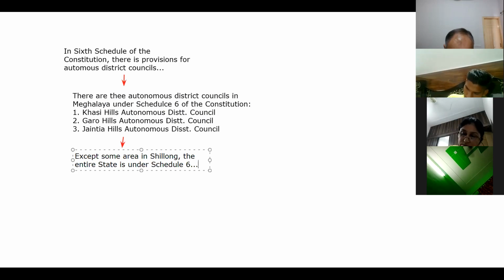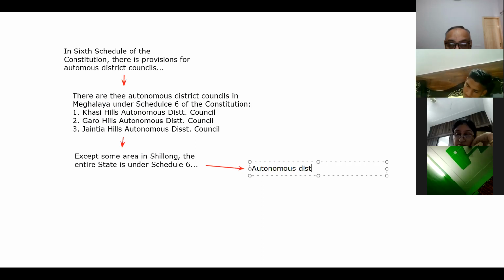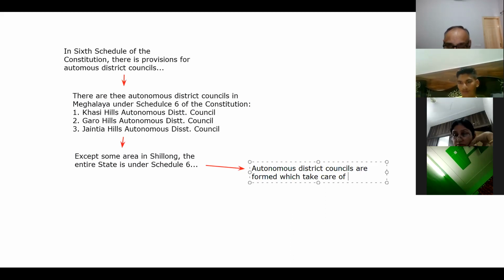There the autonomous district councils are formed, which take care of the local governance. So local governance का ध्यान रखती है, right?